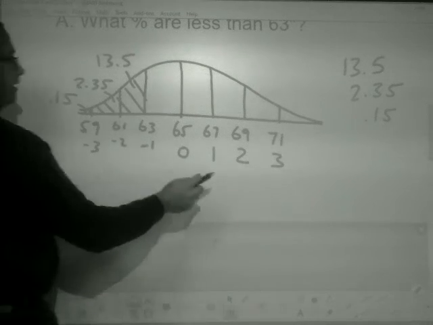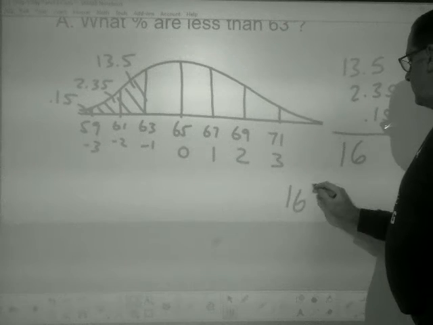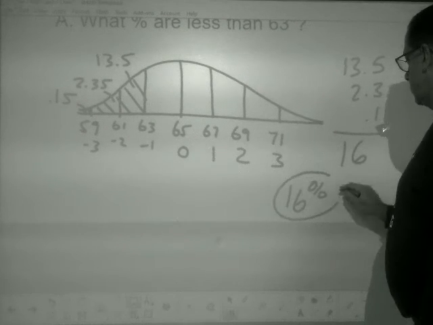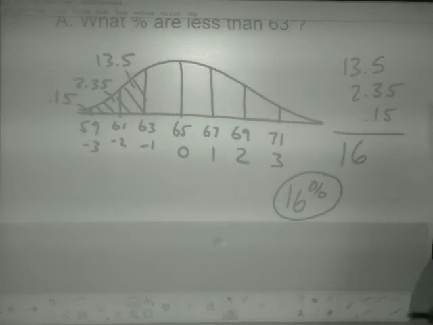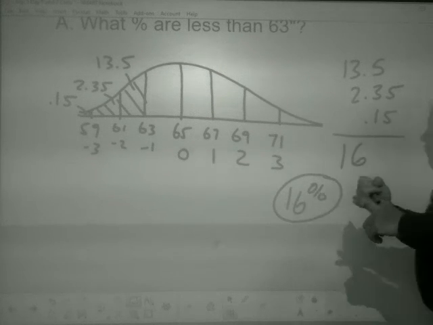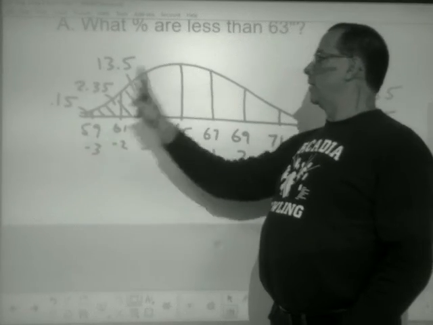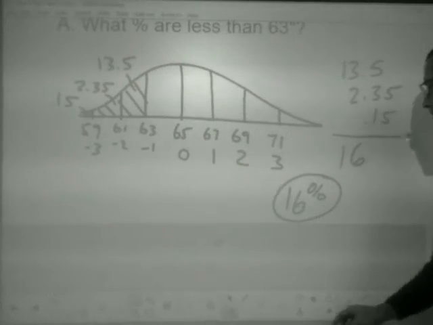All three of these added up come to 16. So 16% are less than 63 inches. It's a matter of drawing the curve, laying out your deviations, and then adding up the percentages depending on where they tell you to go.